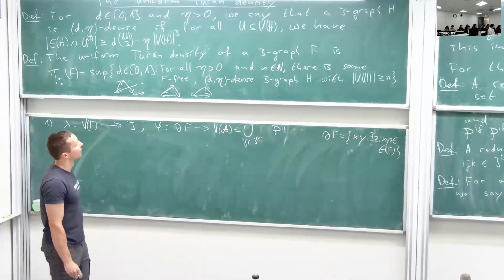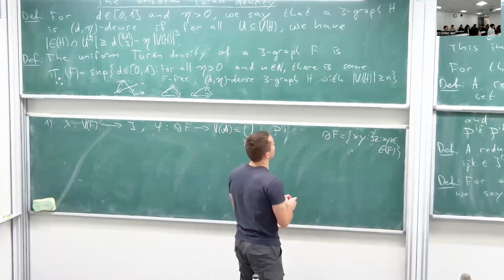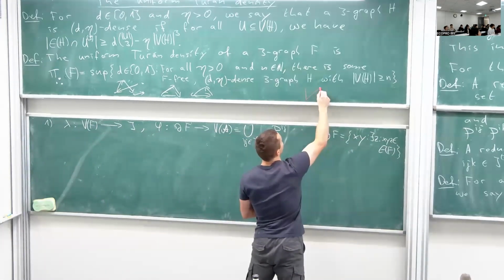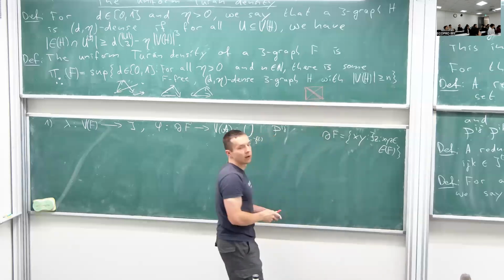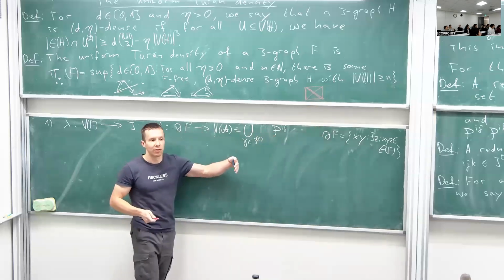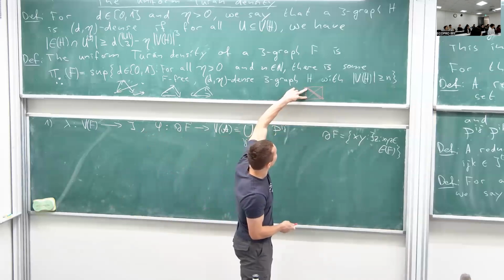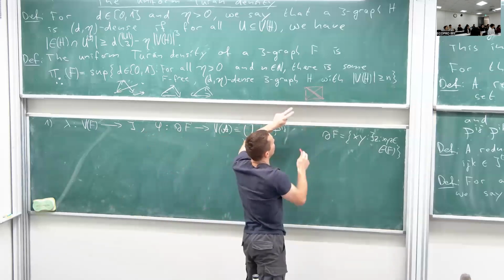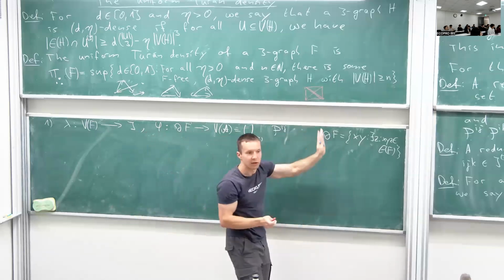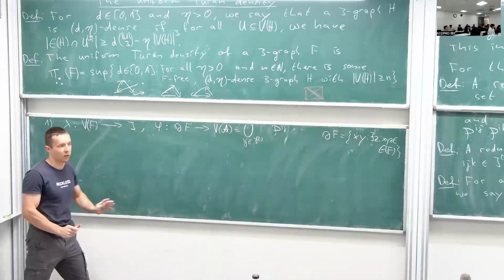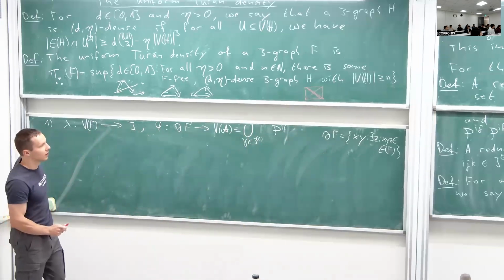So, for instance, for our K4 minus that we will look at in a moment, we have that every pair is in the shadow, because this pair is contained in this edge, this pair is contained in this edge, this pair in this edge, and so on. So you just check whether a pair appears in some edge.